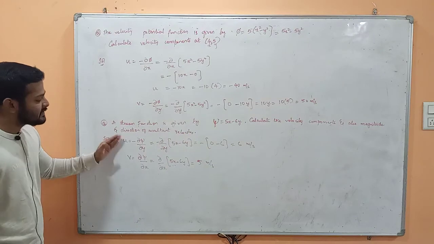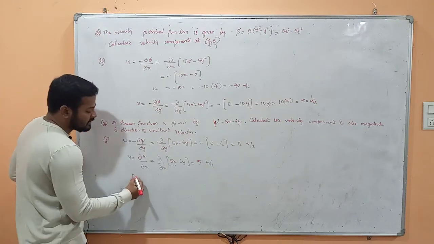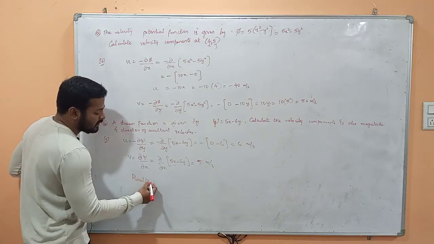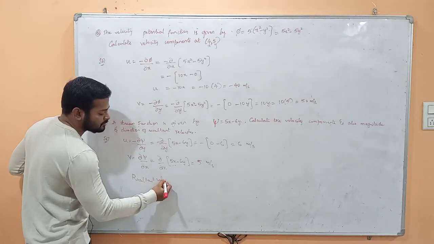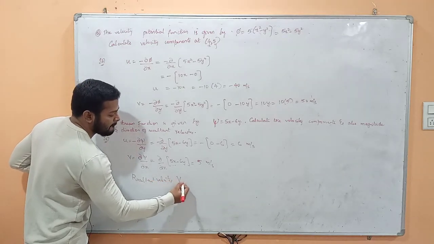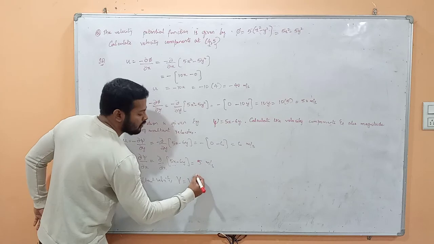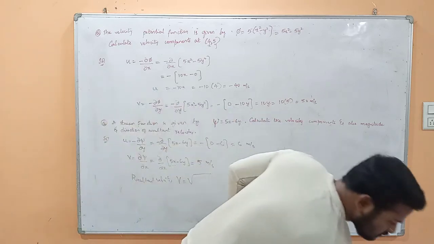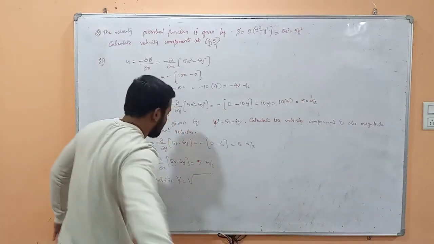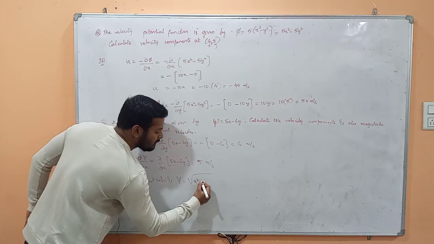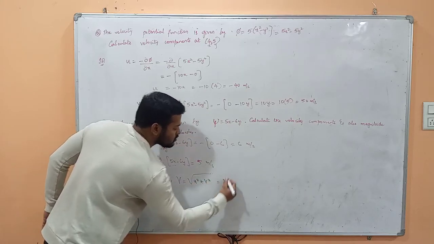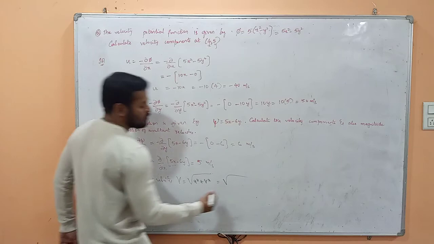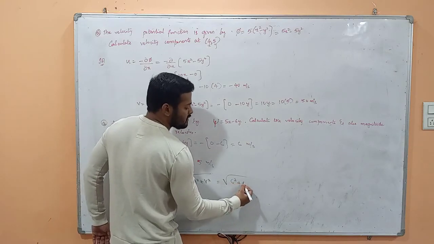So when you have x and y components, what will be the resultant? Resultant velocity will be under root of u square plus v square. So we have the value of u, which is 6 square plus 5 square.